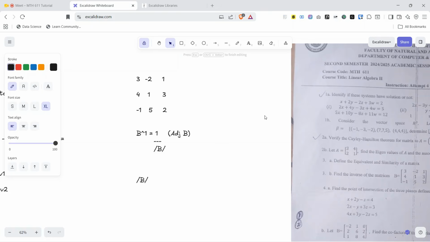To find the determinant of B, we would do our normal matrix expansion.